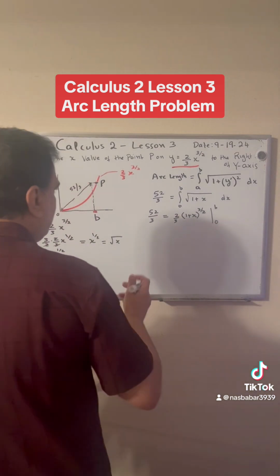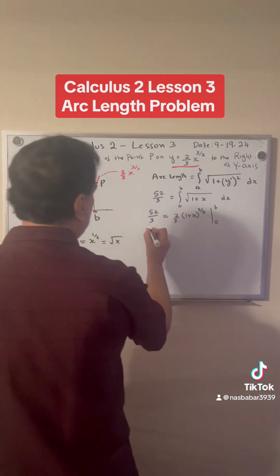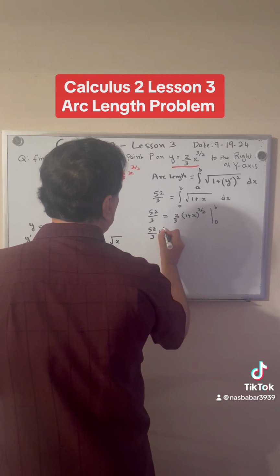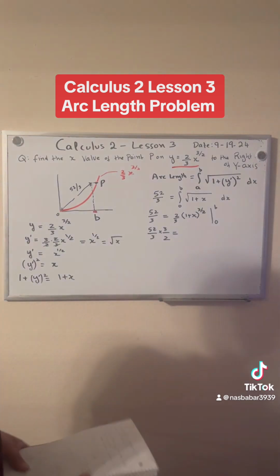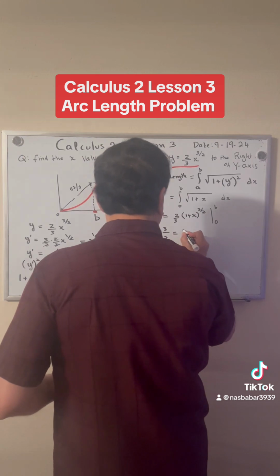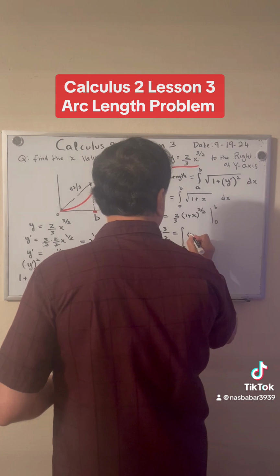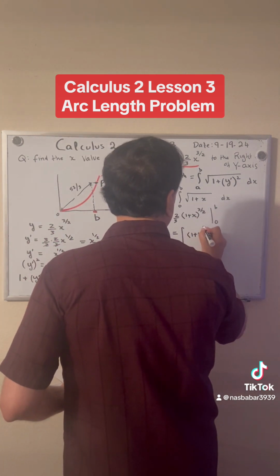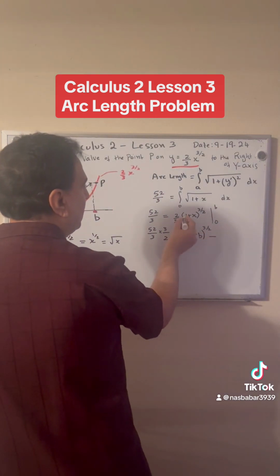So then I do some algebra and bring this 2 over 3 to the left hand side. So I can say 52 over 3 multiplied by 3 over 2 is equal to, let's go ahead and plug in the value of b. So then we have, I'm going to put a big bracket, 1 plus b, replacing x by b, to the 3 over 2 minus, don't forget the 0, you've got to plug in the value of 0 too.